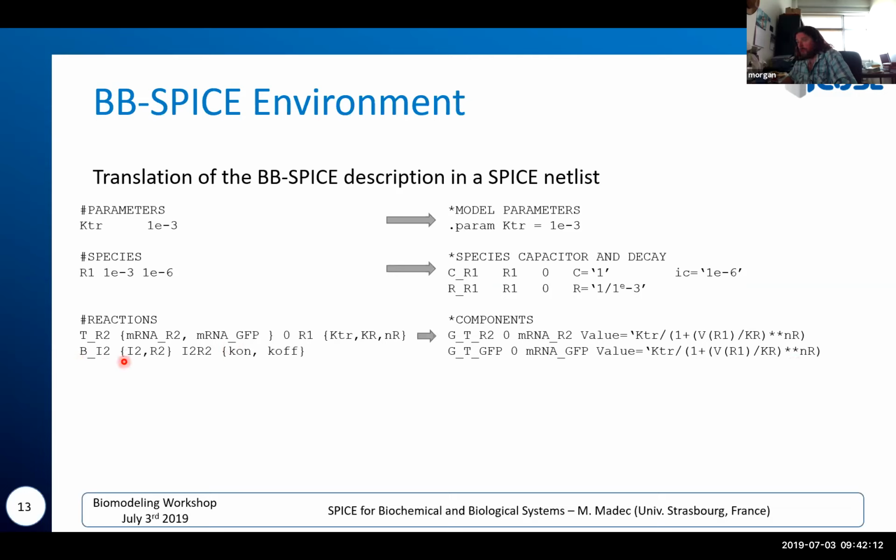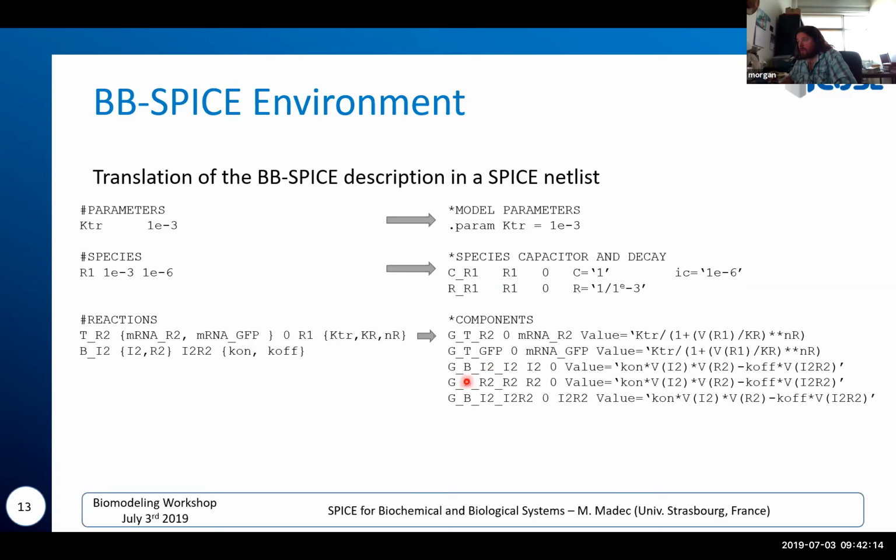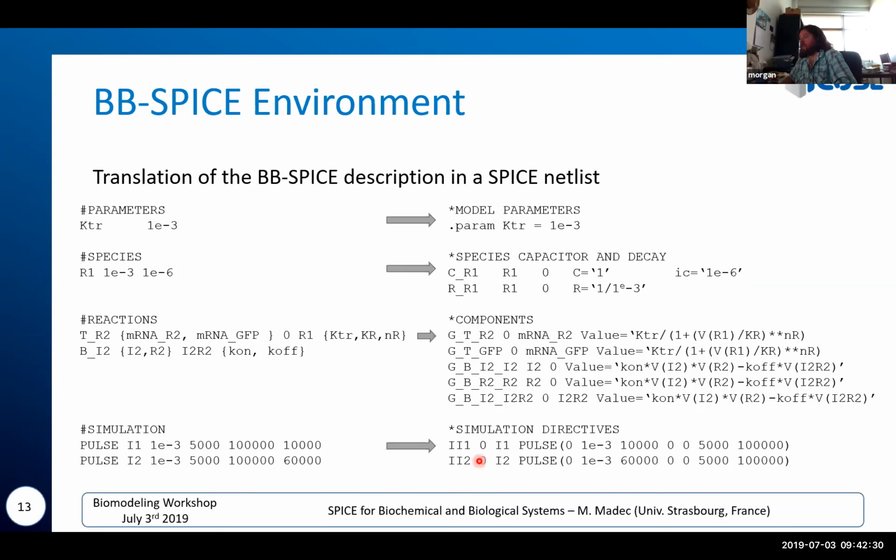For the binding, you will have 3 different transistors: one for the consumption of the first reactant, one for the consumption of the second reactant, and one for the production of the complex. And finally, the simulation directive will be transformed into SPICE simulation directives.